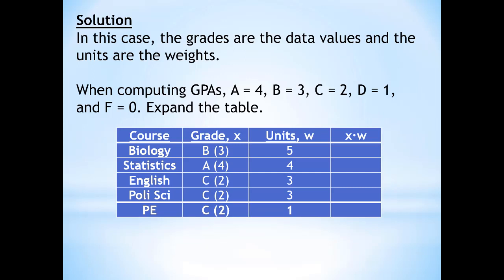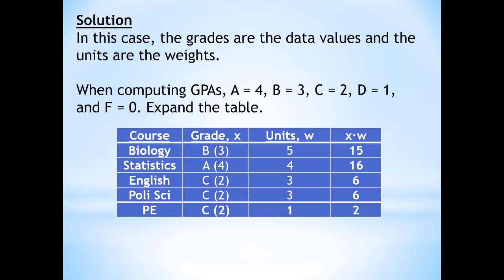For the biology grade, we take the grade of 3 and multiply it by the units 5 and get 15. Stats grade is a 4 times units, which is 4, gives us 16. 2 times 3 gives us 6. Another 2 times 3 gives us 6. And then for PE, 2 times 1 gives us 2. We have to add up the weights and we have to add up the x times the weights.